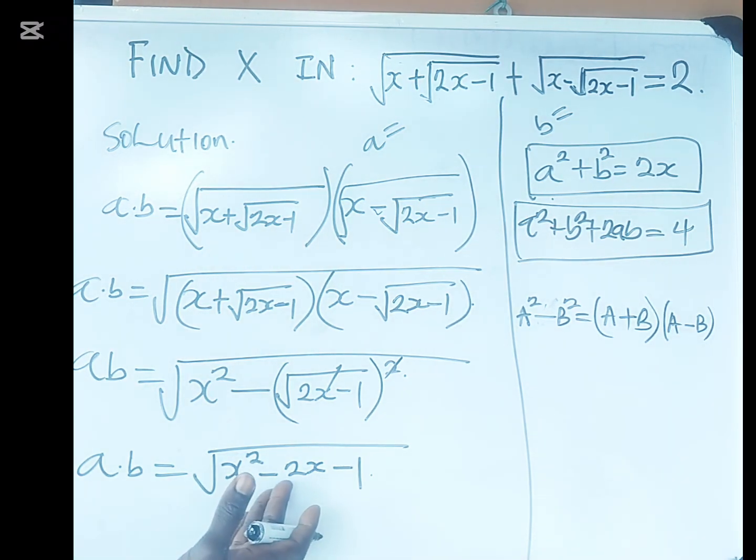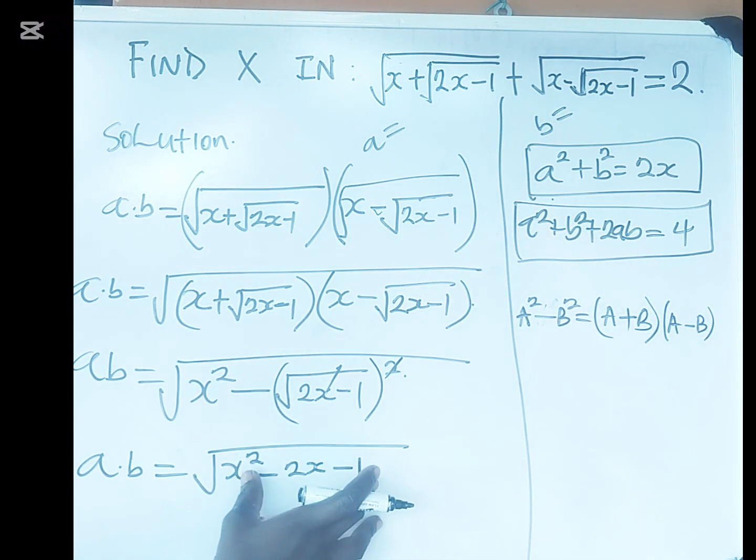If you take a good look at this, this is a typical example of a quadratic equation, x squared minus 2x minus 1. Can we solve this quadratic equation? Yes, we can.